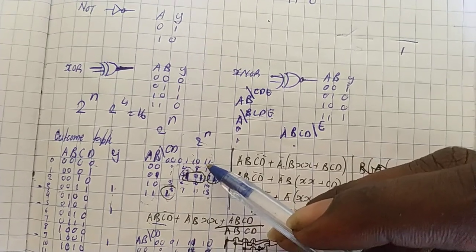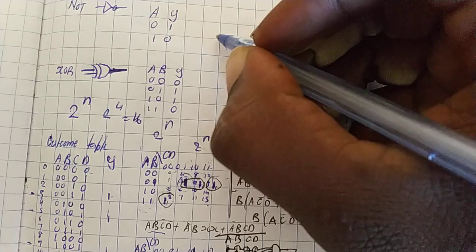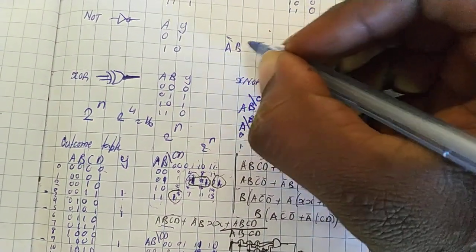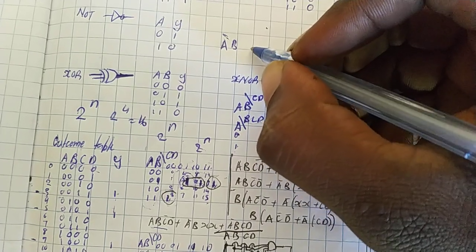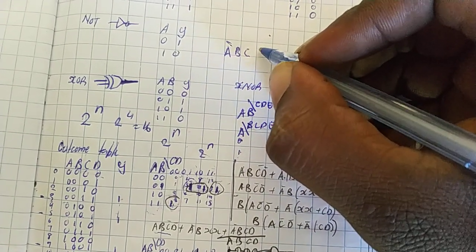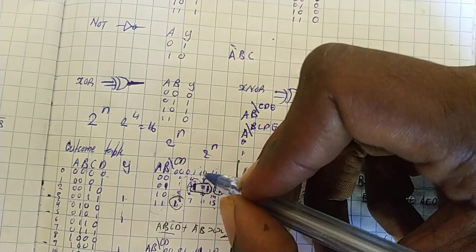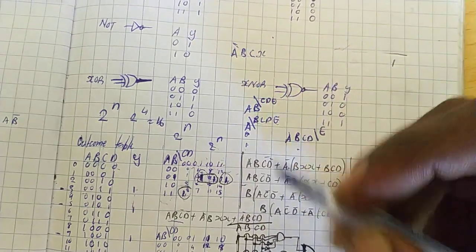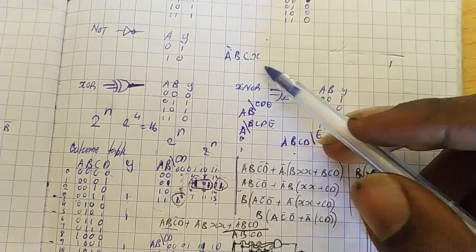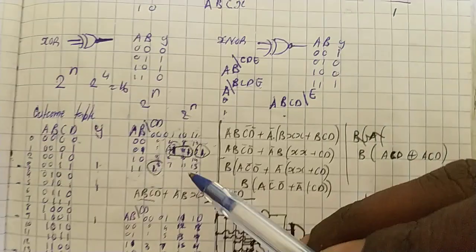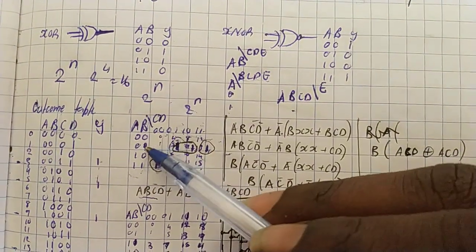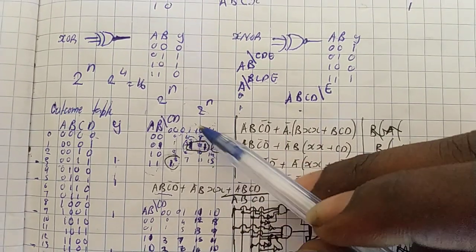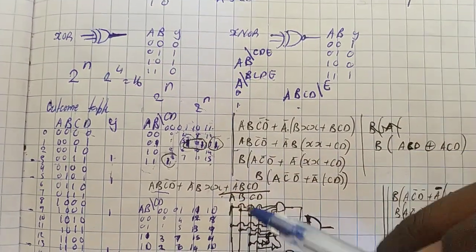The C is the same, so it will be A bar, B, and then C is the same. C will be high, and then the D is an X. Since it's high here, low here, it's a don't care. Hope you have gotten it, but I've grouped it like this. So reading this is A bar, B, and then these 2's are conflicting, X and X.